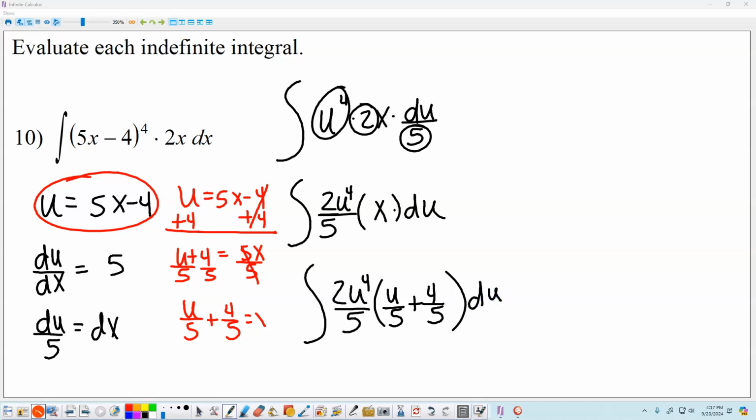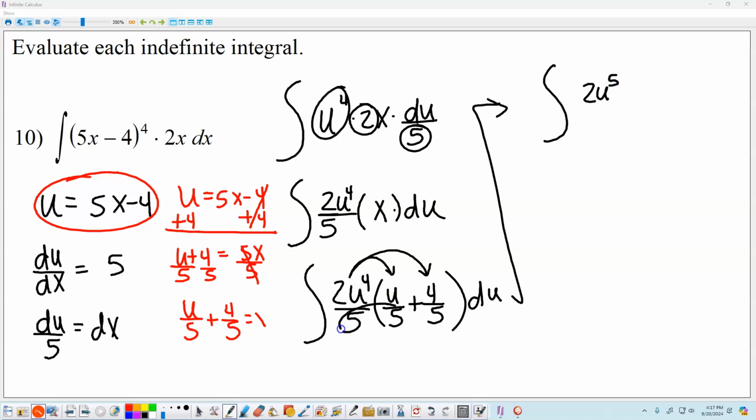All right, one more thing to take care of here before we're ready to integrate. I'm going to distribute this into the parentheses. So when I multiply these two things together, it becomes 2u to the fifth. And when I multiply these two things together, it becomes 25.